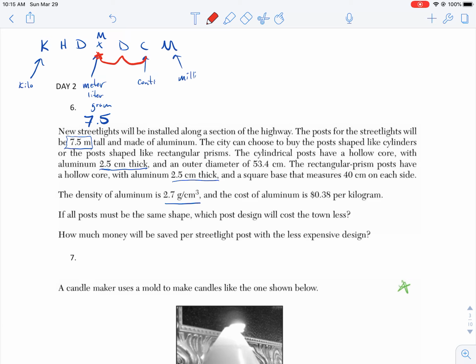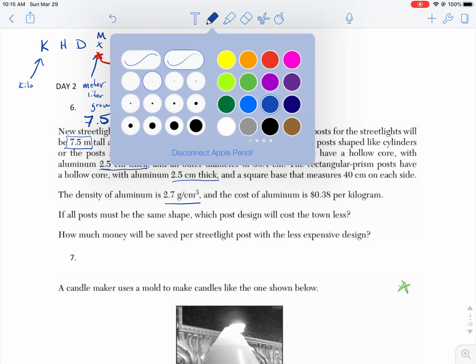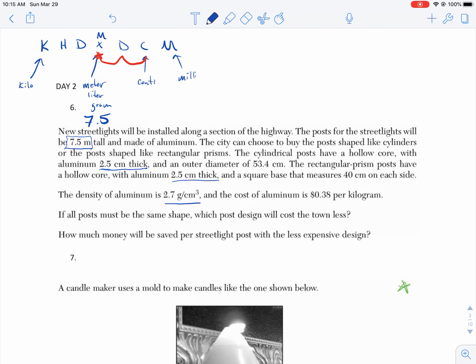Depending on what unit they give you, it will fall on this chart, and then you just adjust your decimal place to the left or to the right. If they wanted it in kilometers, we wouldn't move it to the right, we would move our decimal place to the left. But in this case we're moving it to the right, 2 spaces.